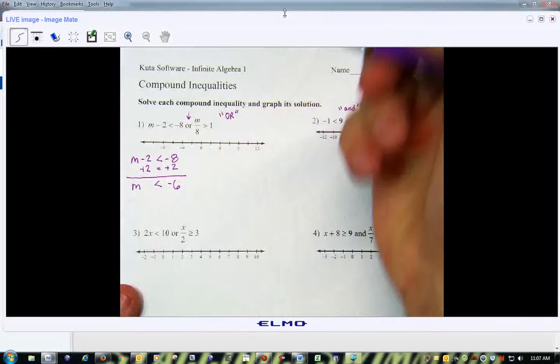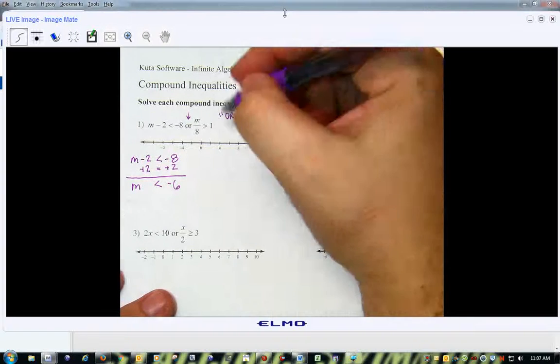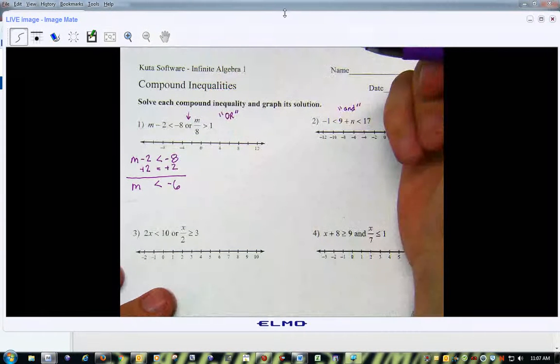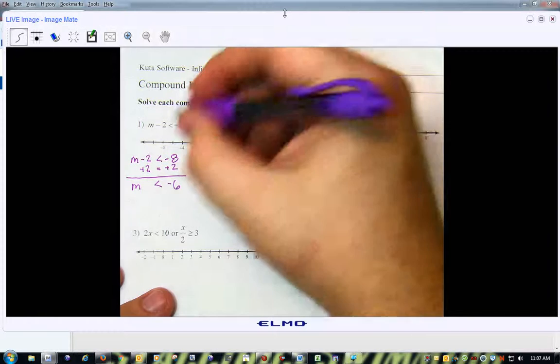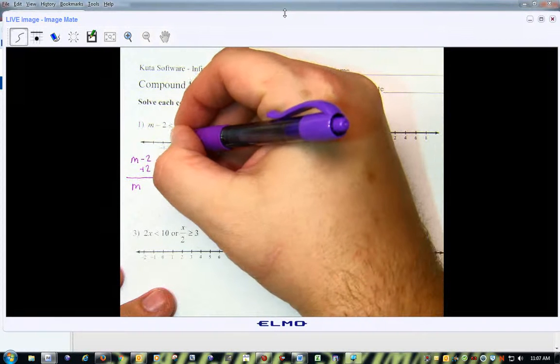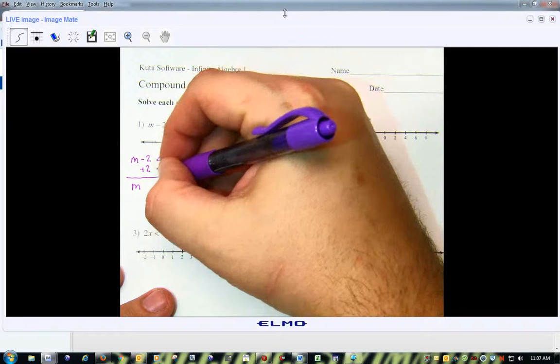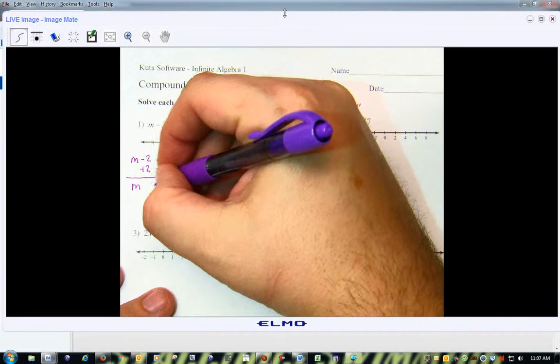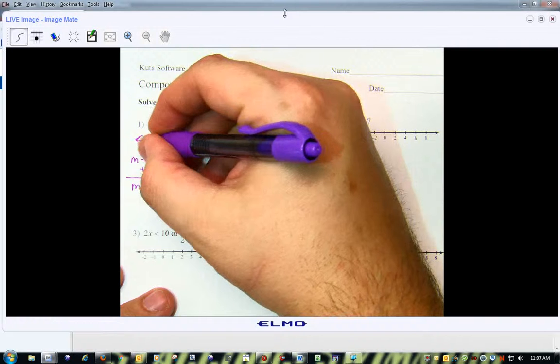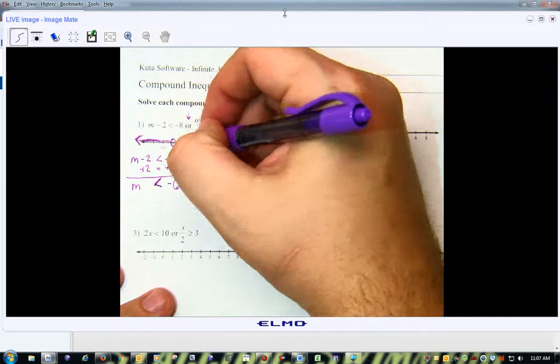So you could go to the number line here. Am I going to use an open dot or a closed dot? Open. So we'll be open at negative 6. And I want all the numbers less than. It's right in between the negative 4 and the negative 8.